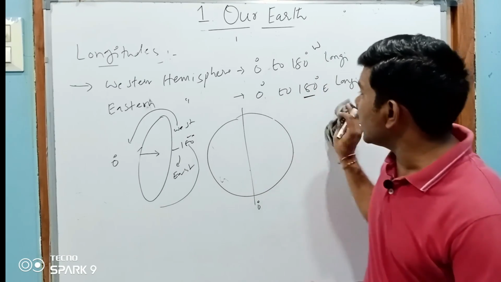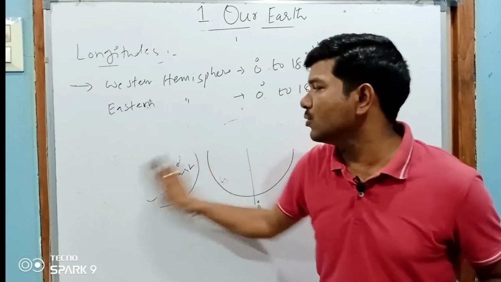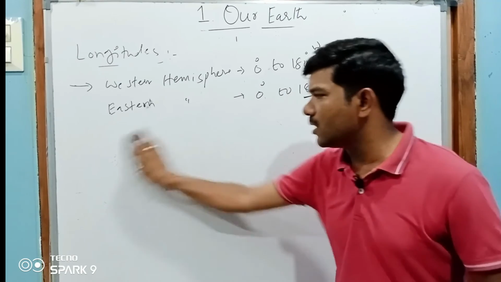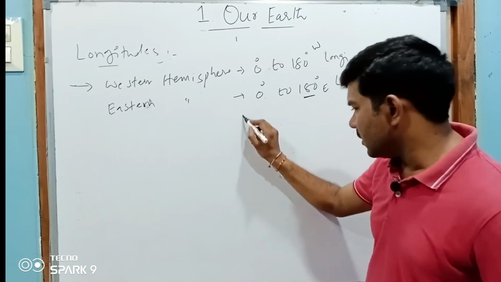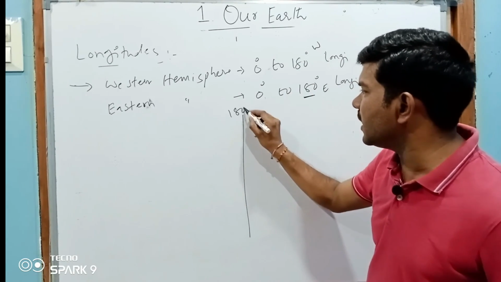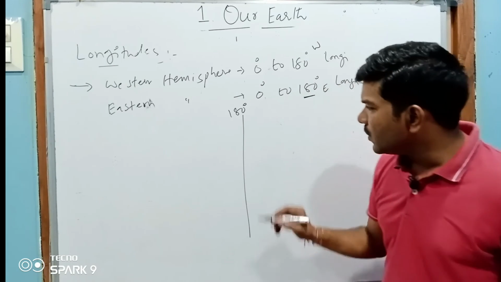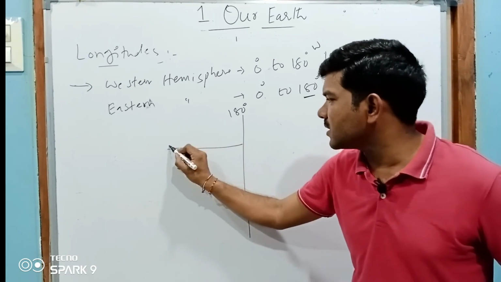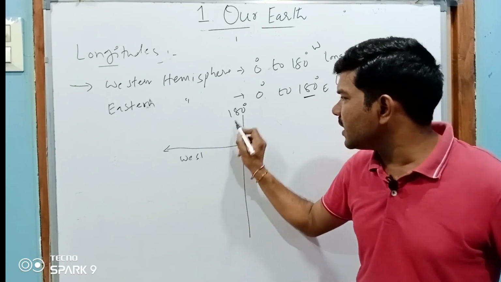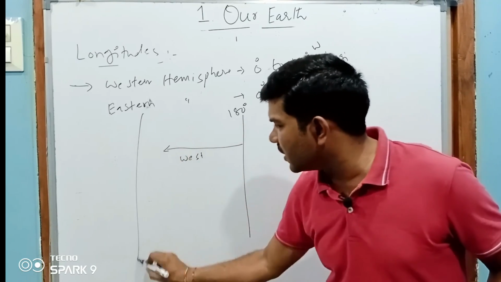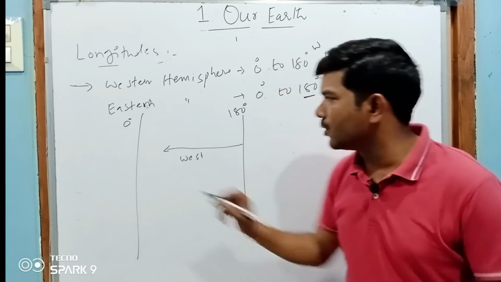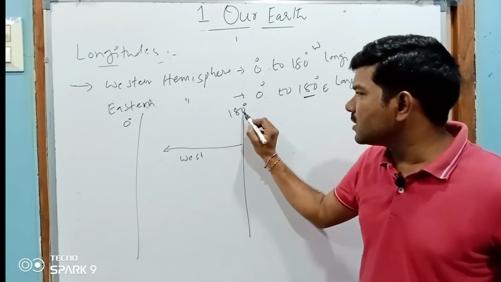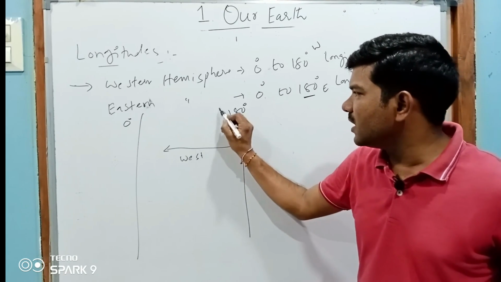అంటే 180 లాంగిట్యూడ్ అనేది ఒకటే ఉంటుంది. For example, this is 180 degree longitude. From the west side, from 0 degree to 180 degree, it is called 180 degree west.